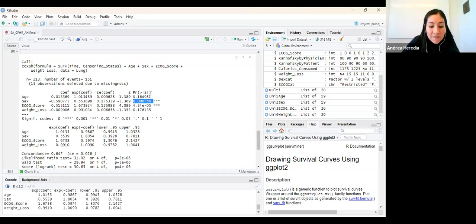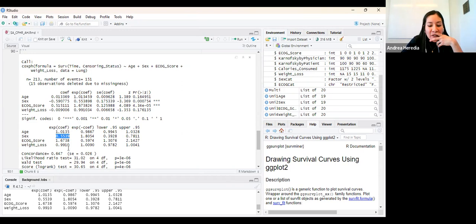So sex has a p-value much less than 0.05 with a hazard ratio of 0.55, indicating a strong relationship between the patient's sex and a decreased risk of death.